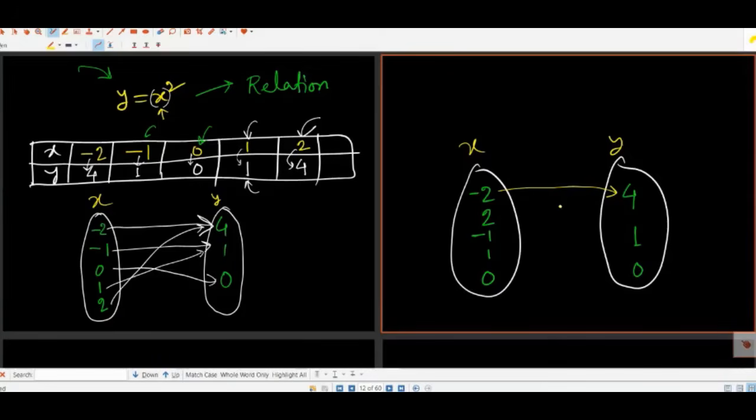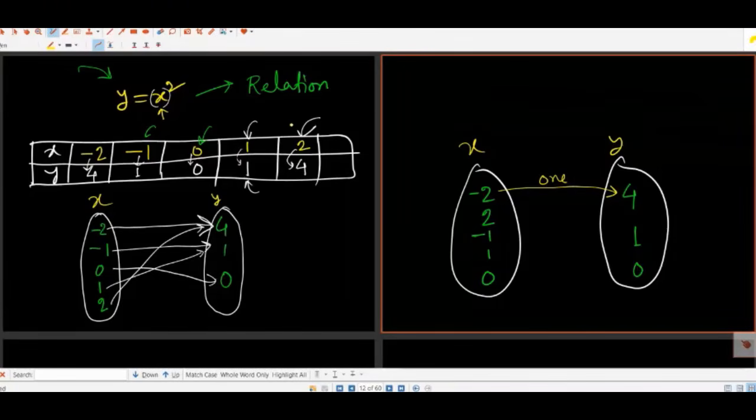Is it correct? Yes, sir. For 2? Yes, sir. So first tell me, how many values have we found for -2? 1 or 2? One value.